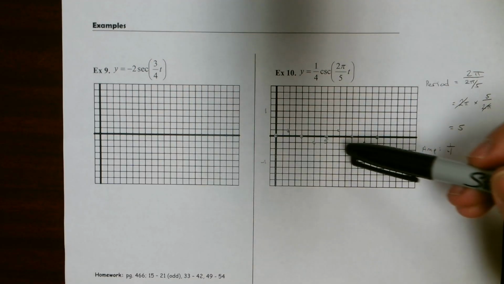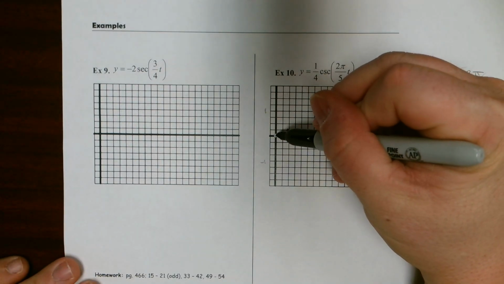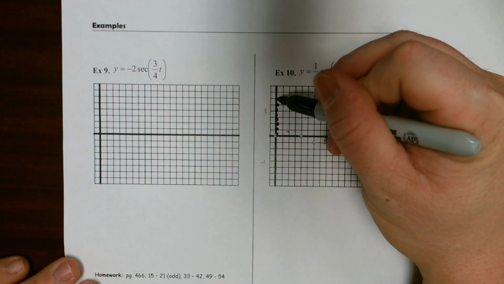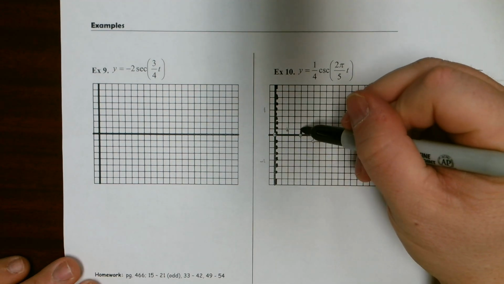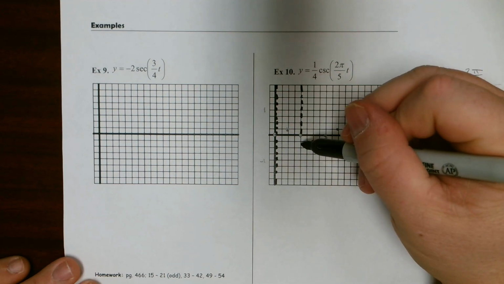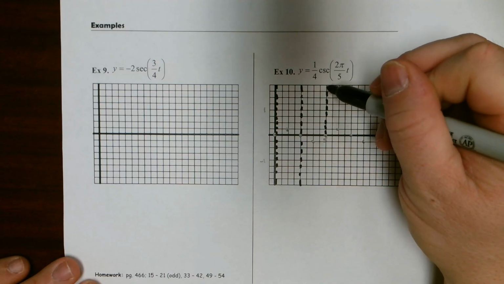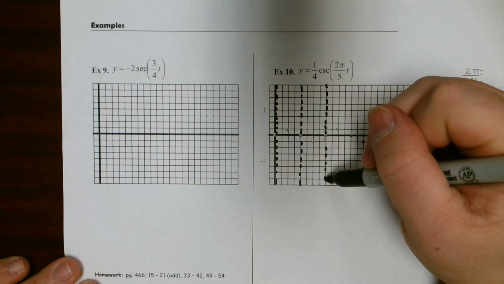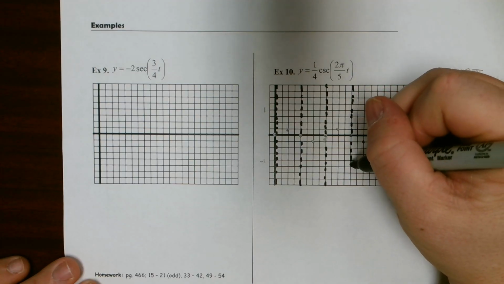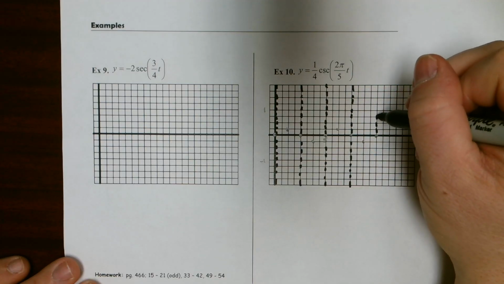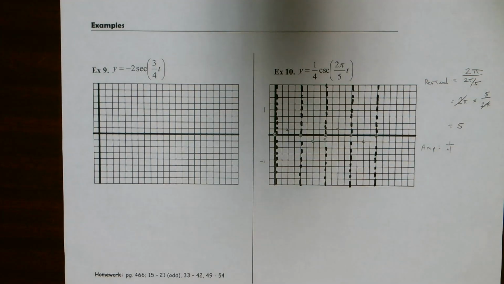And now it's just time to turn this sine graph into a cosecant graph by saying, where are my original x-intercepts? Because those are going to become my vertical asymptotes. Beautiful.